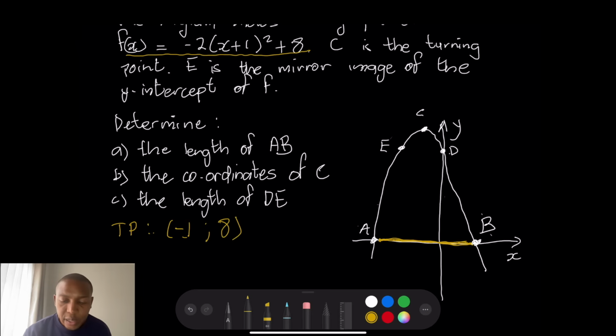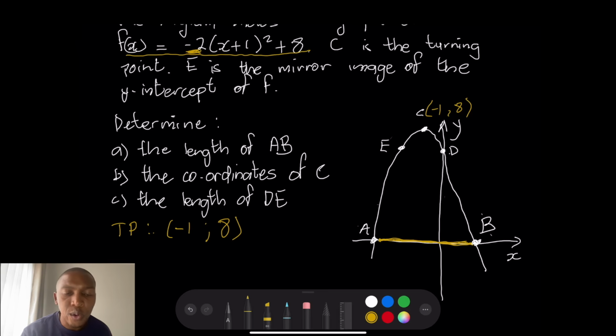Can you see that? So in this case, this point C over here, I'm just populating what I know. This point C is already known to us. It's -1 and 8. And it makes sense. Our a value again is negative, so it's telling us that it's a sad parabola.